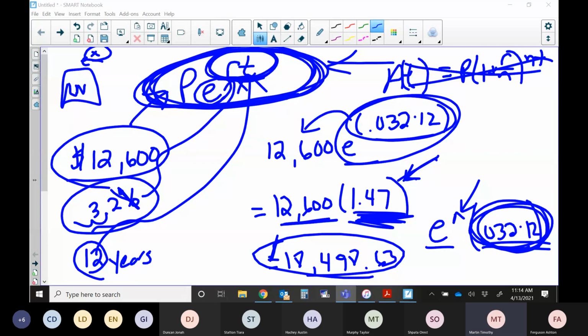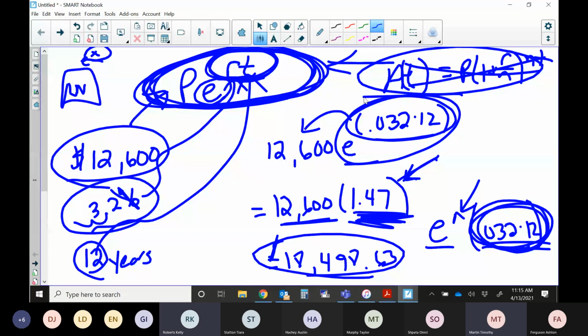All right, what's the key to tell me that I'm using this formula and I'm not using this one? If it's compounding continuously. Perfect. It'll be in the word problem. You will read those words. If it says it compounds annually, which one am I using? Go ahead, Kelly.